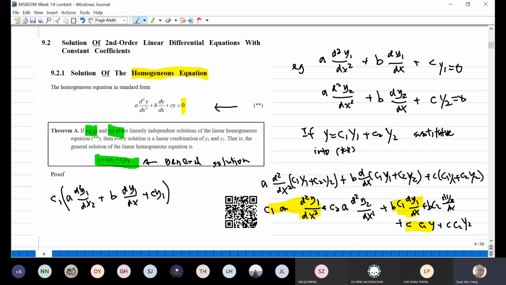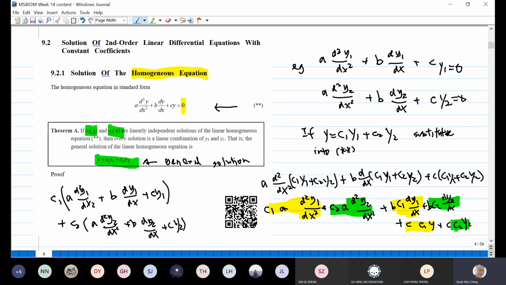The c1 is a common term for all of these. Then plus c2 times a d2y2 over dx squared plus b dy2 over dx plus c y2.